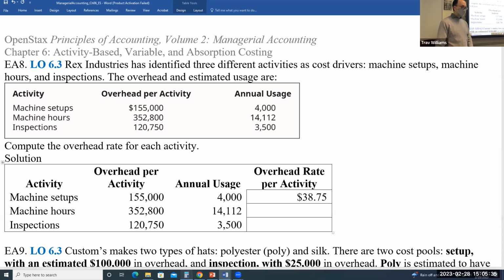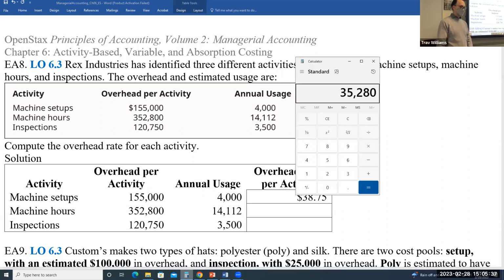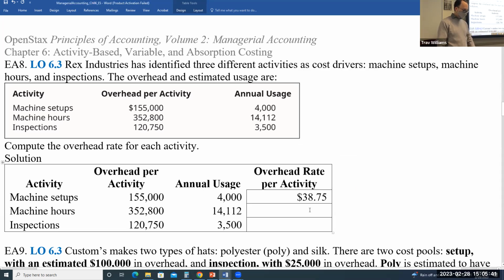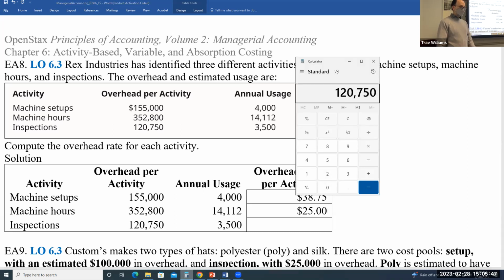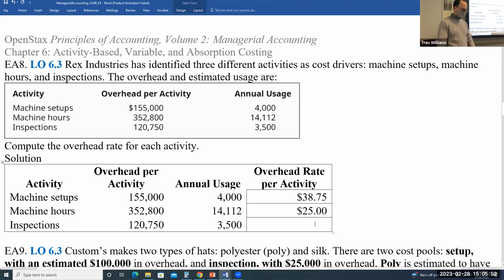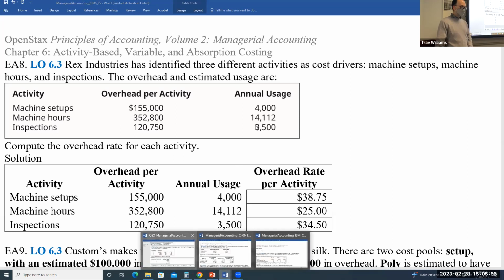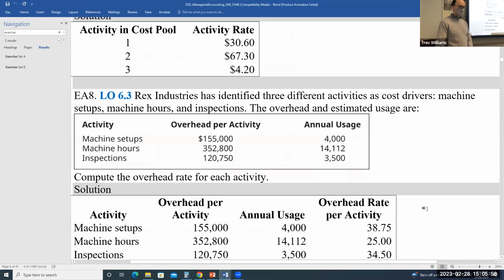Okay, we get $38.75 on the first one. $25 per machine hour. And then inspections, $34.50. Okay, looks good.